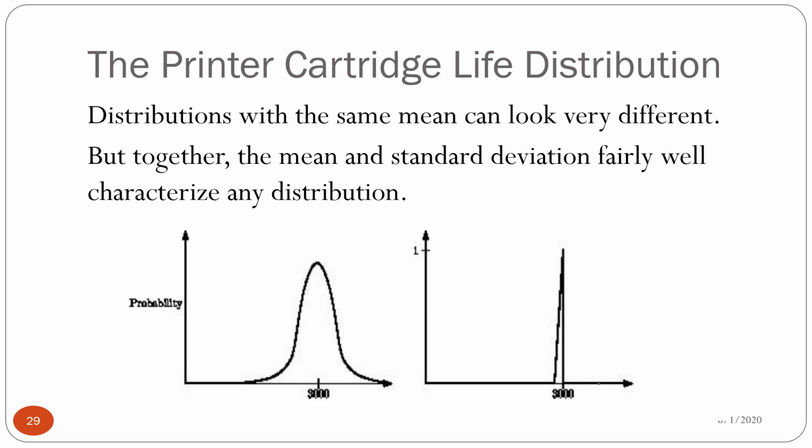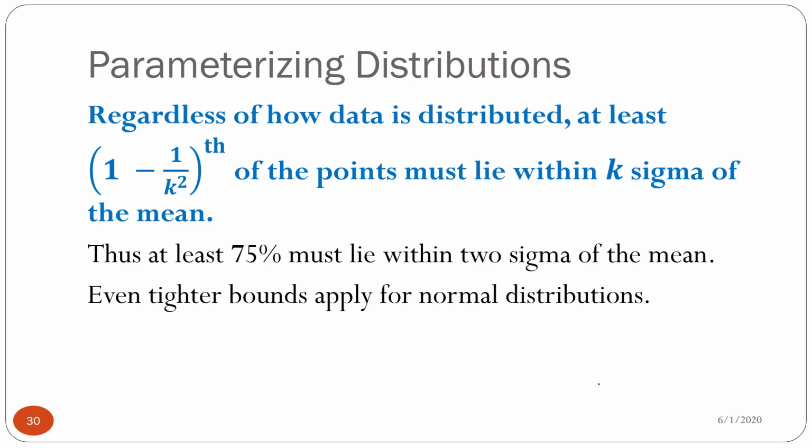Okay. Alright, so now I think this is our final slide, and this slide is about the distribution of the data once we know the mean and standard deviation. Now interestingly, this expression that you have, which I will explain, is applicable to all the distributions regardless of whether it is normal or some other distribution.